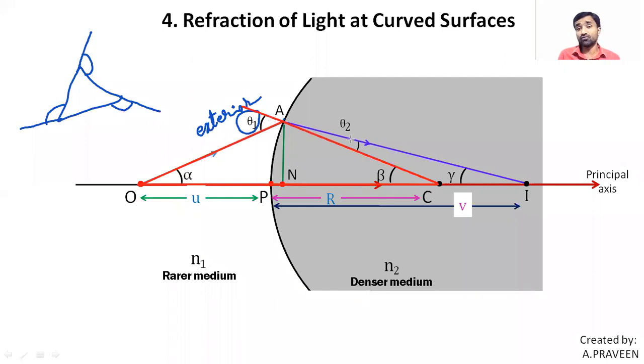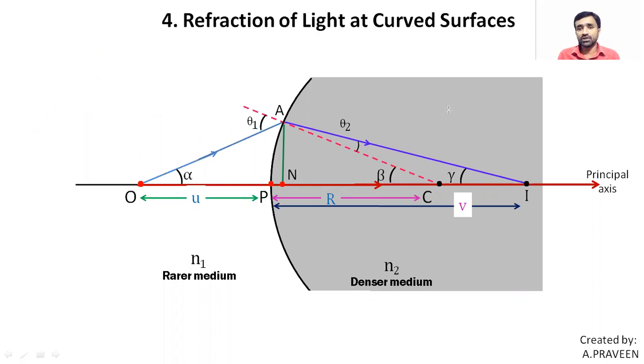Like that, find out one more exterior angle. One more exterior angle is there. Did you see that? That is angle beta, for triangle ACI.